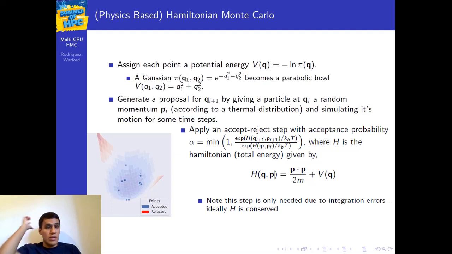HMC, in addition, uses the information about the potential landscape in a really smart way, such that we guide the particle on the potential landscape so that we sample those regions that are important. So that's the main difference between HMC and Markov chain Monte Carlo.